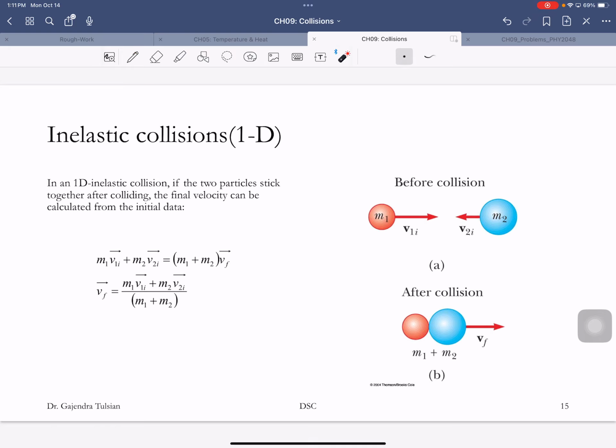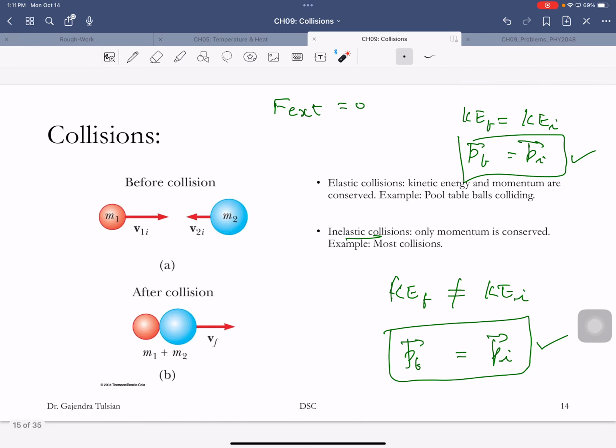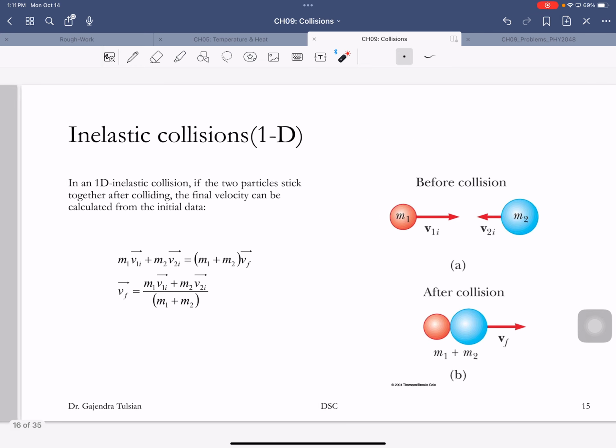So in an inelastic collision, this is what you've got to rely on. In an elastic collision, you can use both of these to solve problems. In an inelastic collision, only this one is what you can rely on.